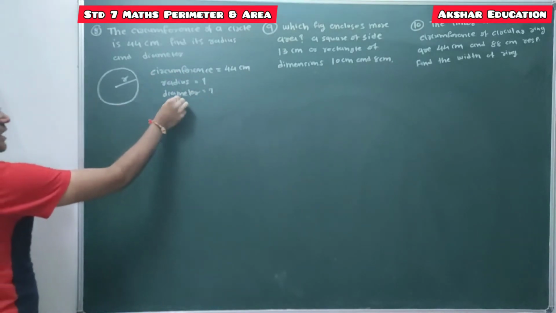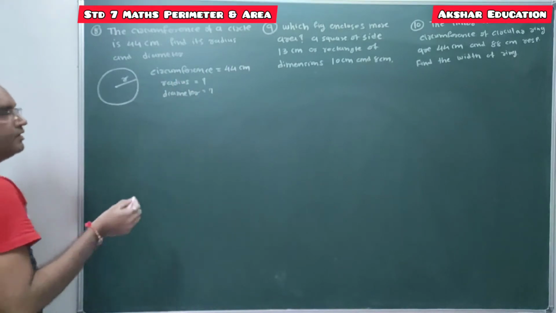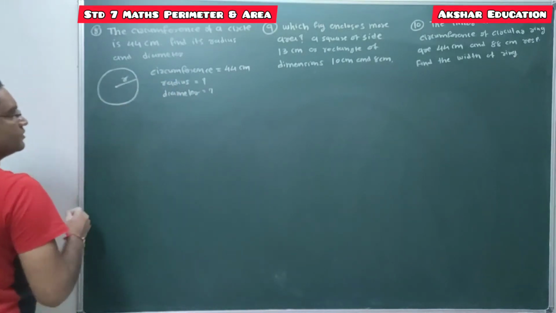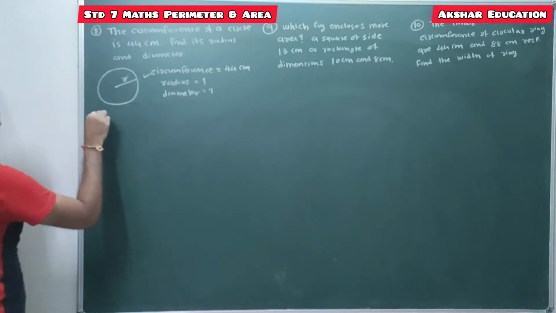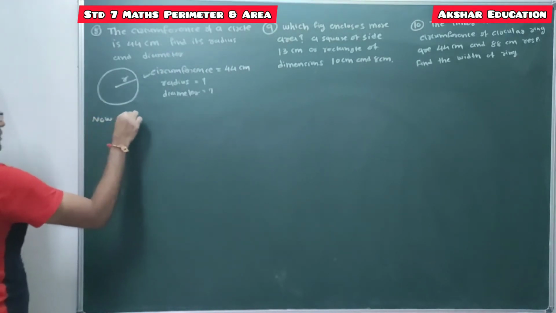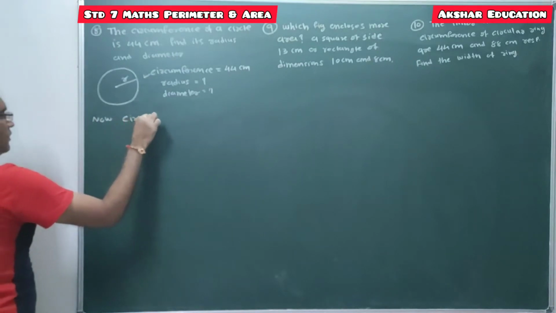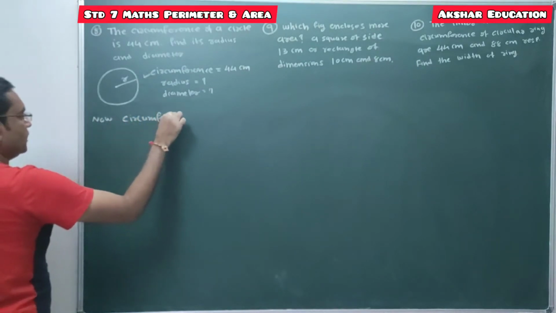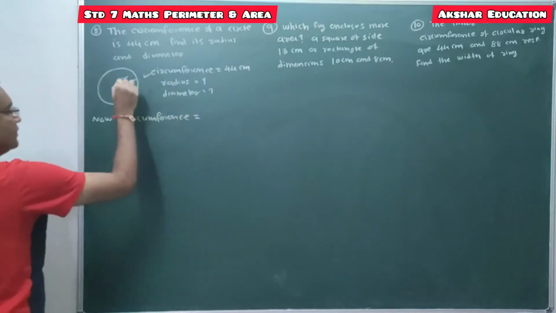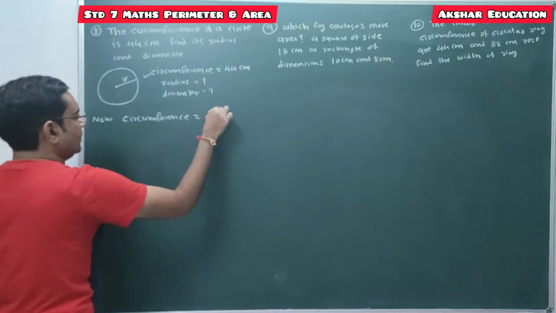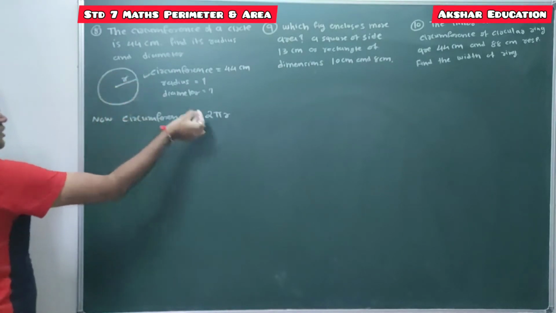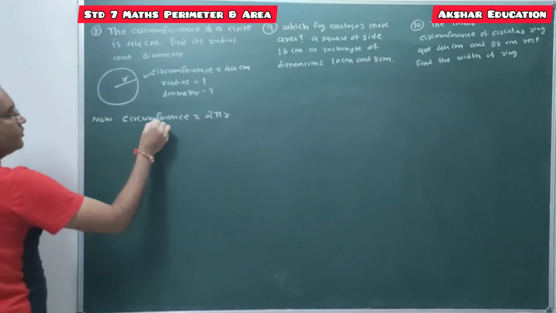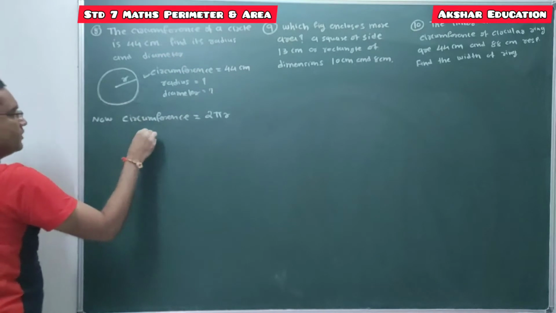We can directly find the diameter from the radius because the diameter is twice the radius. Basically we have to find the value of this radius. For that we are given circumference, so apply the formula of circumference. Circumference of a circle with radius r is 2 pi r. Circumference means perimeter of circle, so it's 2 pi r. Value of circumference is given, 44 centimeter.